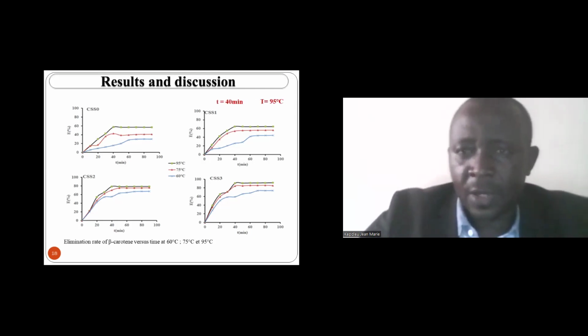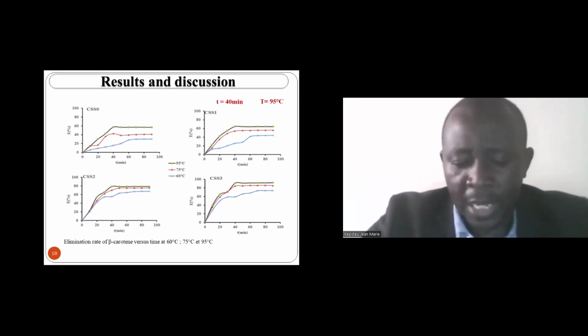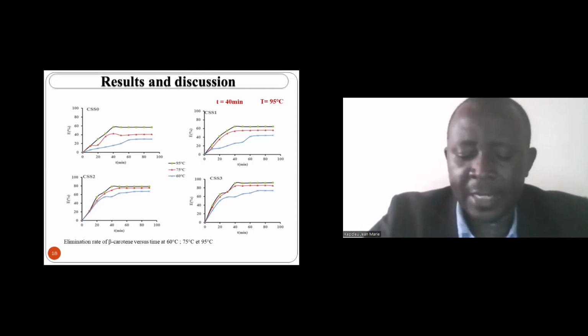So for this first step, we maintained 45 degrees and 40 minutes as the optimal condition as per contact time and temperature.